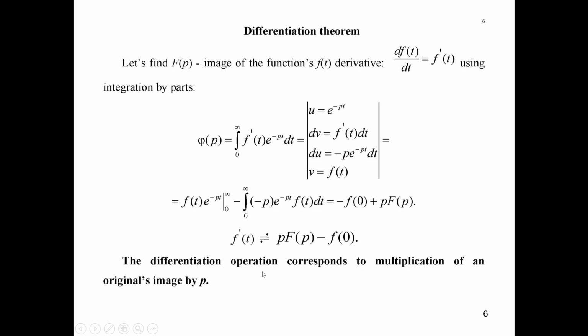So the differentiation operation corresponds to multiplication of the image by Laplace of the original function by p, and initial conditions should be taken into account: minus phi from 0, this function at the 0 moment. It's the differentiation theorem. Please remember it by heart, and you should understand how it works.